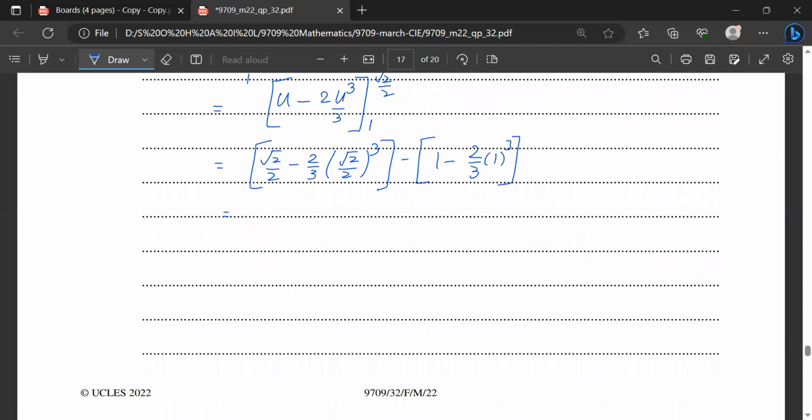You can use a calculator here. Root 2 over 2 minus 2 upon 3.